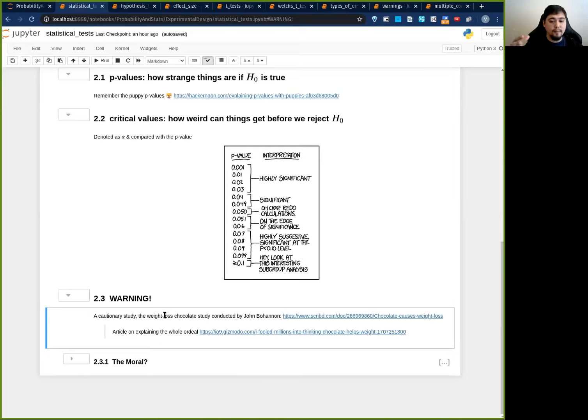What they basically did was conduct a study with a small number of participants, I think there were 7 people in total, and they tested them on many different attributes, like things they can do, as well as different things they can measure, like their heart rate and how much they weigh.